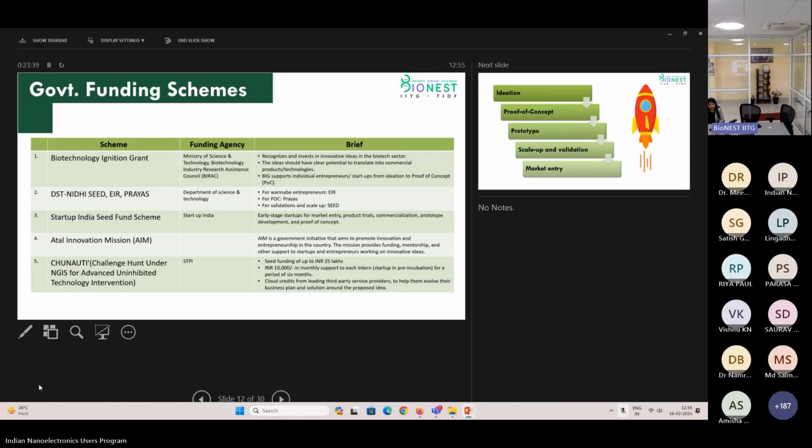And then again, there is Atal Innovation Mission. They have very exciting schemes for early stage startups and for MSMEs, SMEs also. And there's another one from STPI, Software Technology Parks of India, Government of India, which is called Chunauti. Chunauti is basically an investment, where they give you up to 25 lakhs.